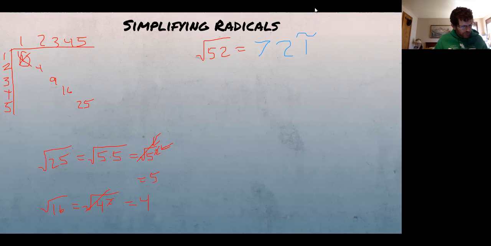If you're familiar with decks of cards, you already know that 4 is one of the factors of 52, because there's 4 suits, 52 cards, 13 cards in each. So you can do this real quick: 52 divided by 4 gives me 13.